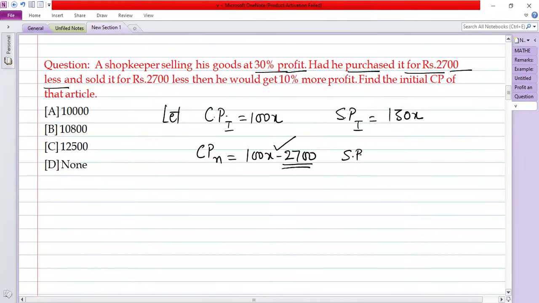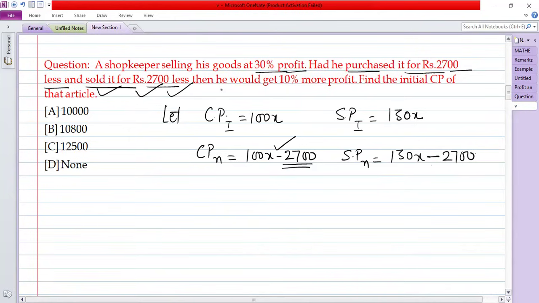And what will be the new selling price? Here, had he sold it for rupees 2700 less, here too it should be minus. So please mind, minus 2700.